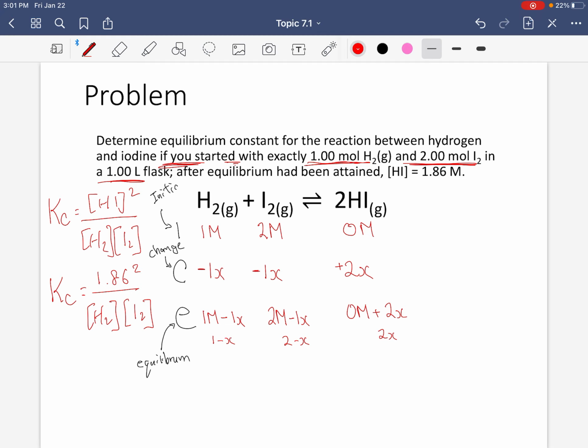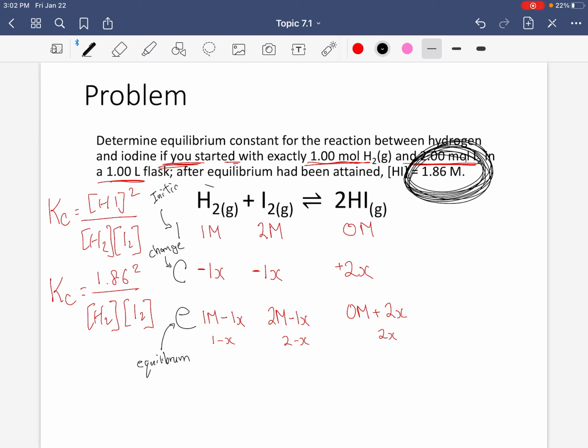Again, our ultimate goal here is to find what x is. Can we find what x is? Now think about what you already have here. This is a big clue to find x.